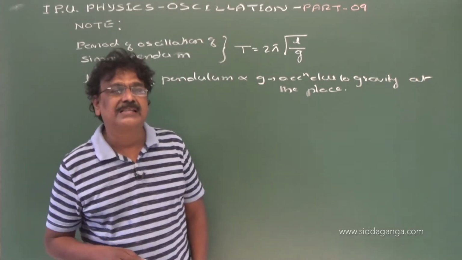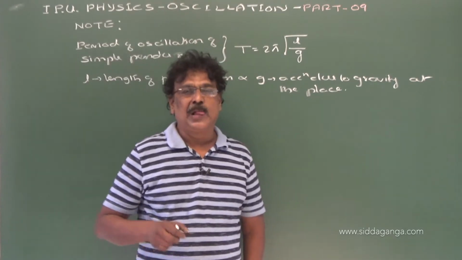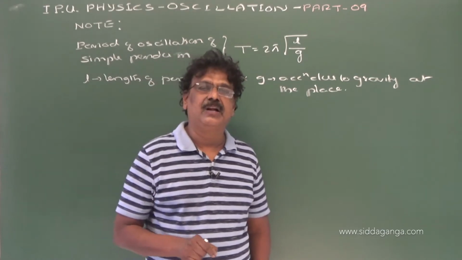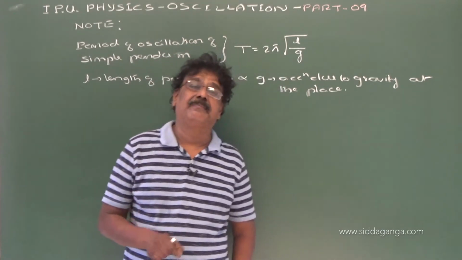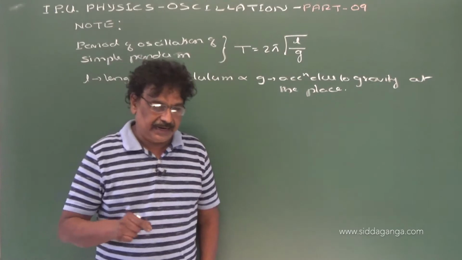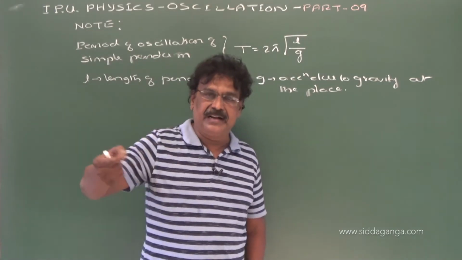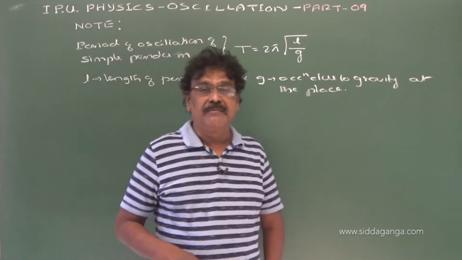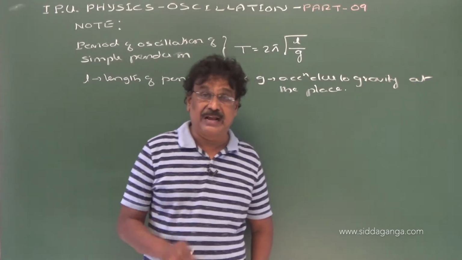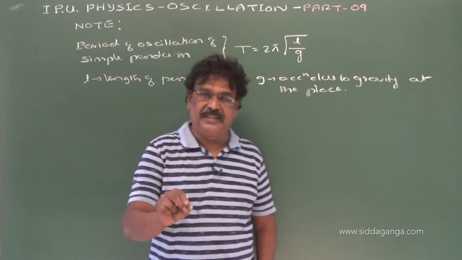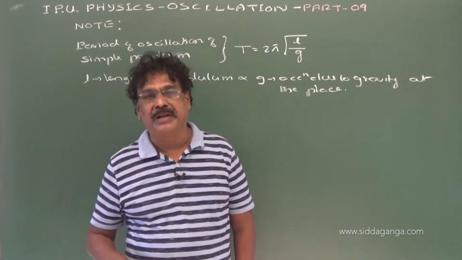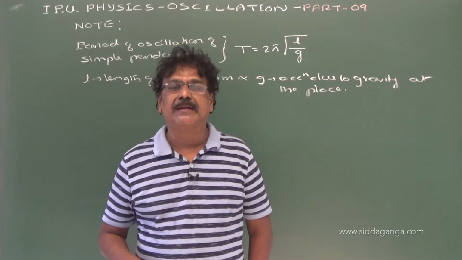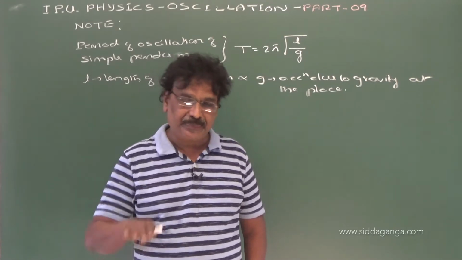Now what about this acceleration due to gravity? This acceleration due to gravity is constant only at a given place, right? It is different at different places on the surface of the earth, because we know that variation of acceleration due to gravity with latitude, that is from place to place, it is maximum at poles and minimum at equator.